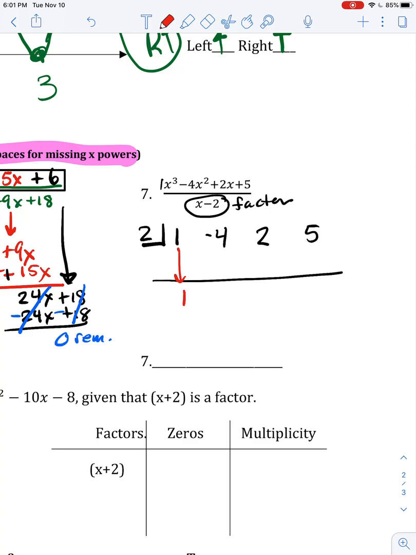Then I'm going to do my work, which is just to drop that number. Once it's below the bar, it gets multiplied by this 2. Then I look at these numbers and say, okay, a negative 4 plus 2 will be negative 2. Multiply by the bottom number again, I get negative 4. So looking at this, positive 2 minus 4 is going to be negative 2 again.